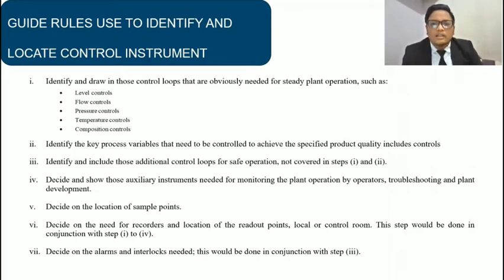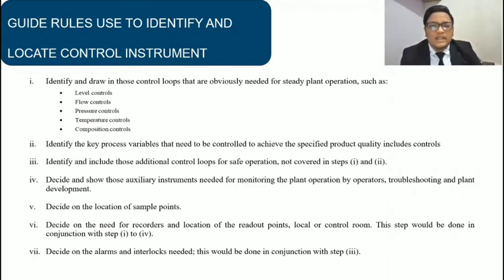Second, identify the key process variables that need to be controlled to achieve the specified product quality, and include control loops using direct measurement of the control variable where possible. Third, identify and include those additional control loops for safe operation not covered in steps 1 and 2.